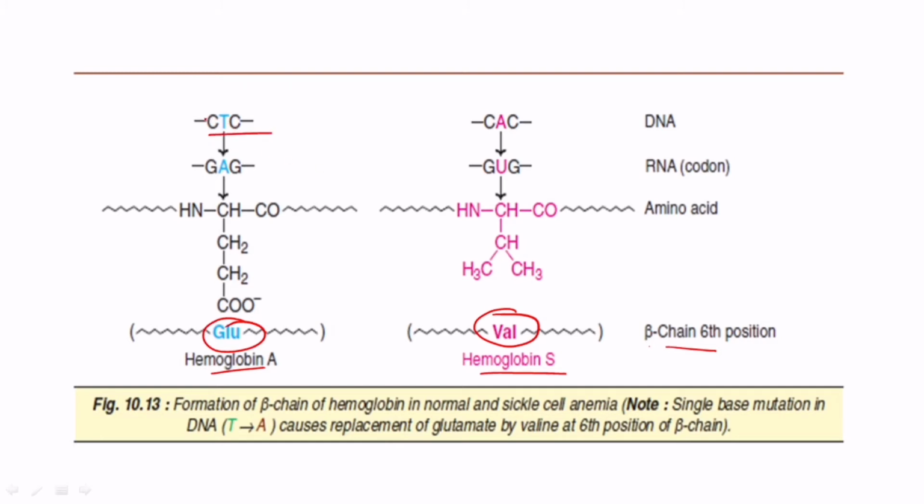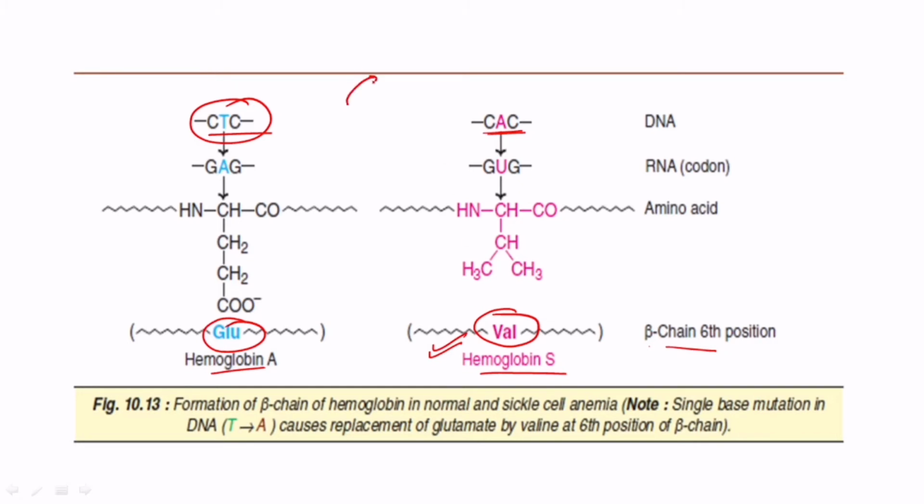As you can see here, there's a thymine. So thymine is being substituted by adenine, which ultimately results in the synthesis, or formation, of valine.